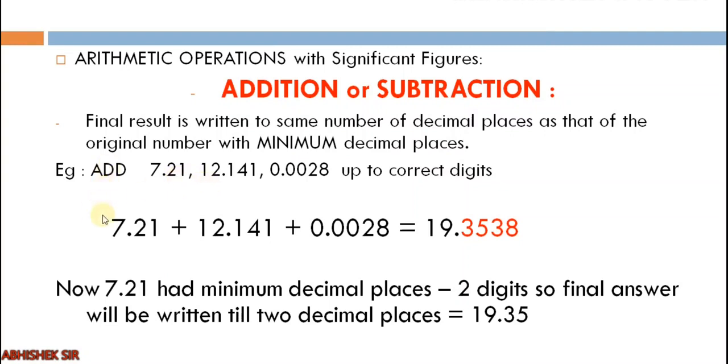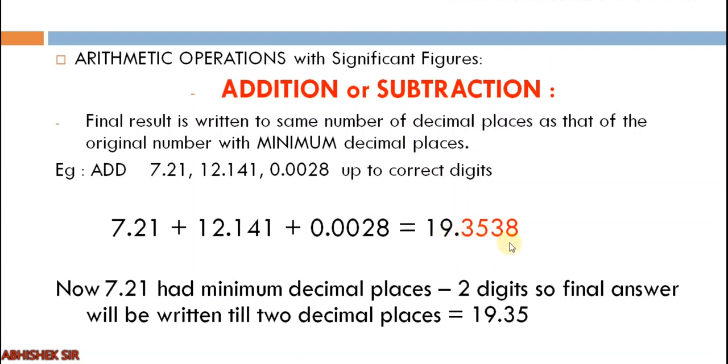So now we do the addition: 7.21 plus 12.141 plus 0.0028. The answer is 19.3538, right? The exact measurement is this one. But as per the rule, we will only write the minimum decimal places. Now see, minimum decimal places, 7.21, so that was 2. So now we have to write only 2 decimal places.